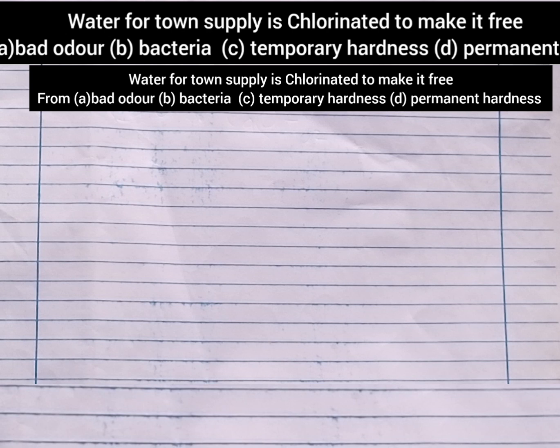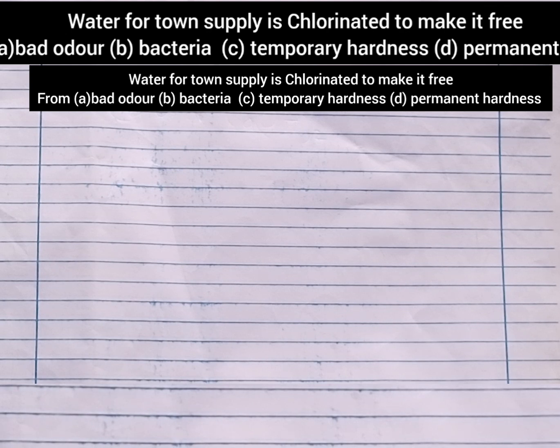When you check through your book, you will see that the purpose of adding chlorine to water supplied to a township is to kill the germs in the water. And among the options, bacteria alone is the germ.